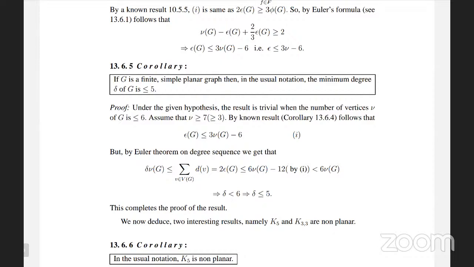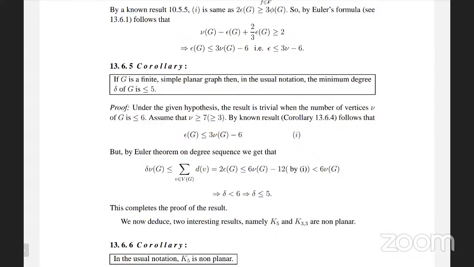Now here, if G is a finite and simple planar graph, then the minimal degree delta of G is less than or equal to 5. Under the given hypothesis, the result is trivial when the number of vertices V of G is less than or equal to 6. Assume that V is greater than or equal to 7, and greater than or equal to 3 by a known result.